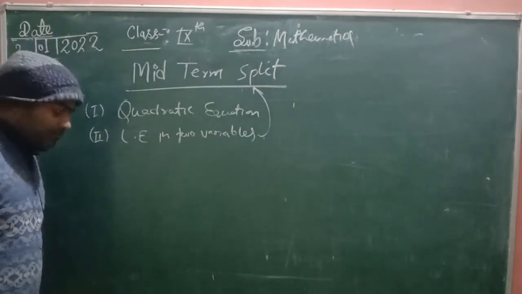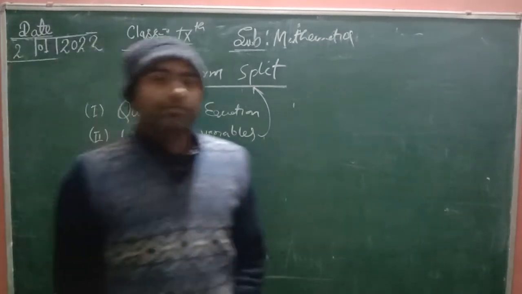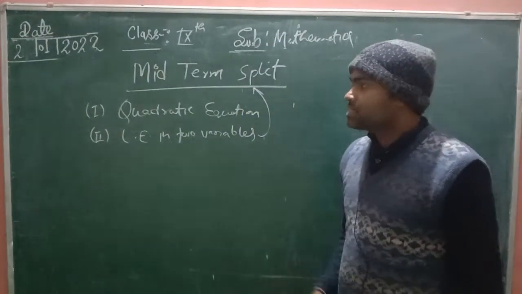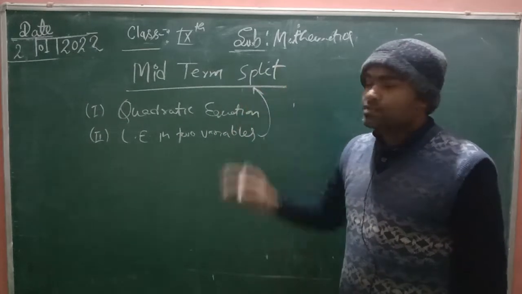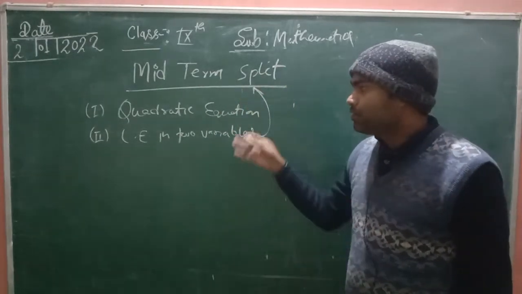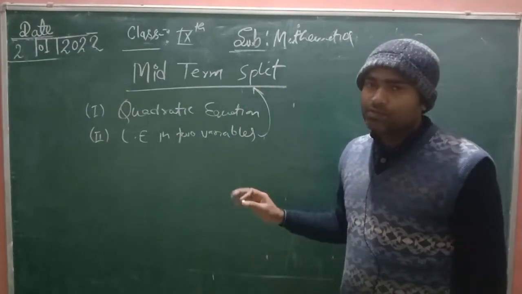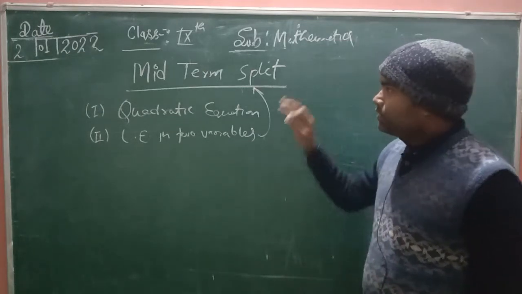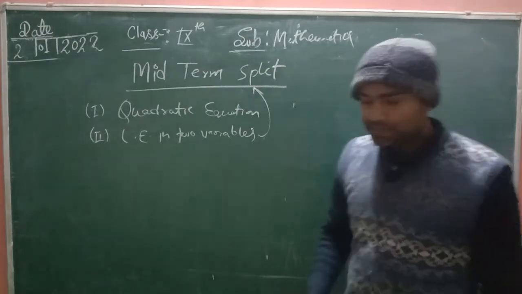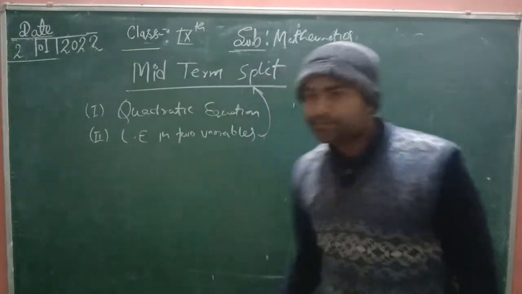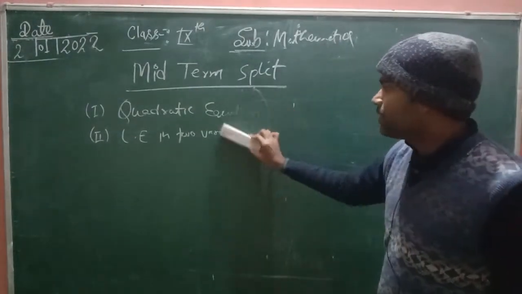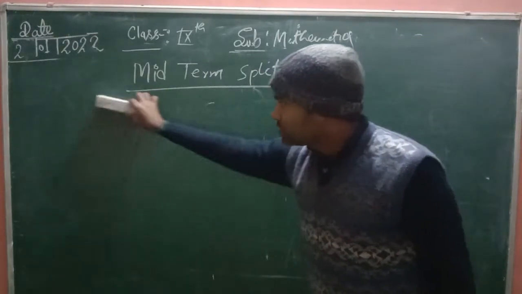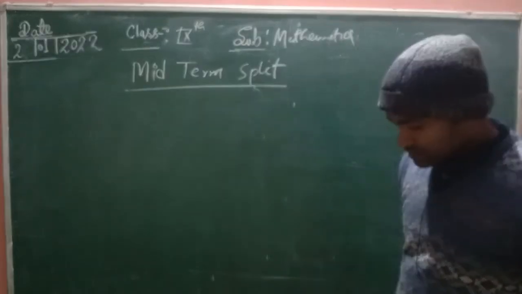These two chapters are in the syllabus of class 10th. In each and every question at last we need midterm split for finding the value of x or the unknown values of x and y. So you should carefully study this method, midterm split for factorization. It is very easy. You have to focus on it for 2 minutes.